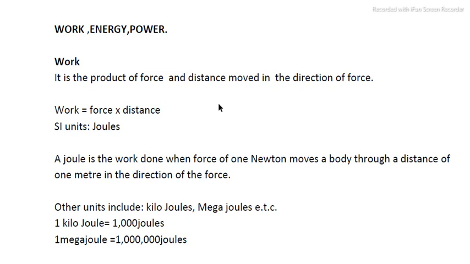A joule is the work done when a force of 1 Newton moves a body through a distance of 1 meter in the direction of force. We have other units apart from joule. We have the kilojoules, we have the megajoules, among others.